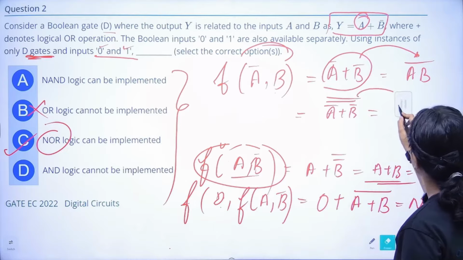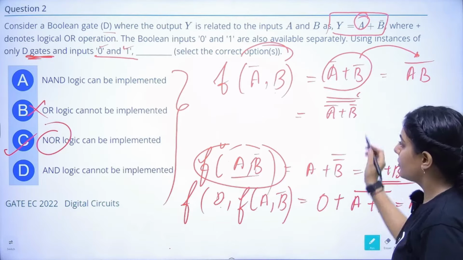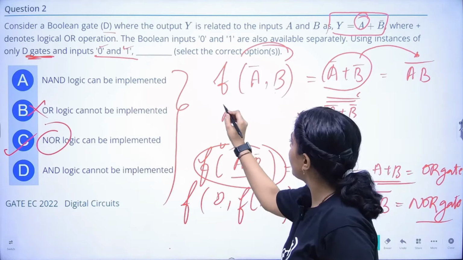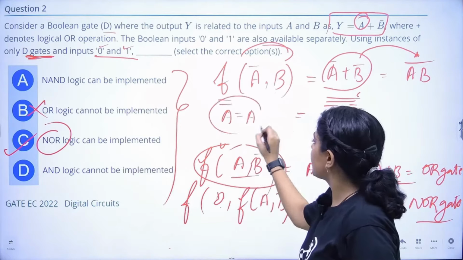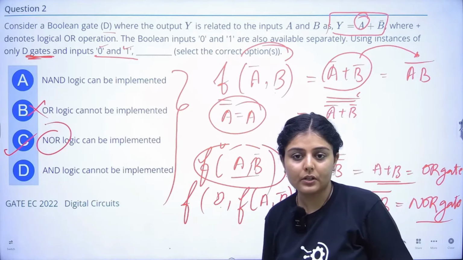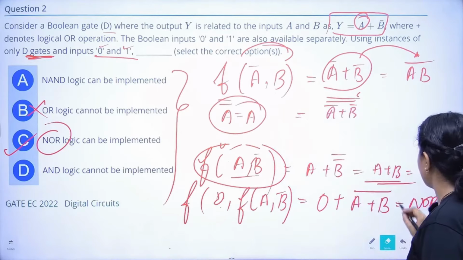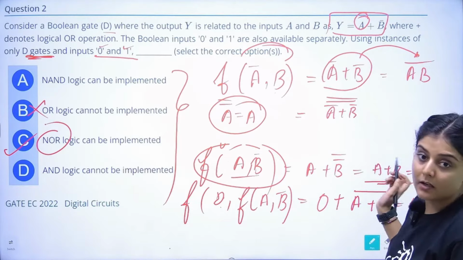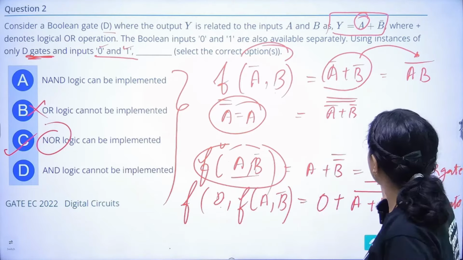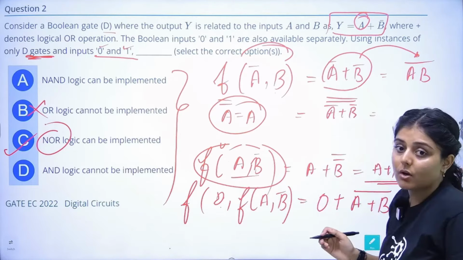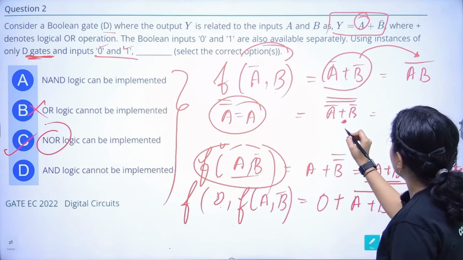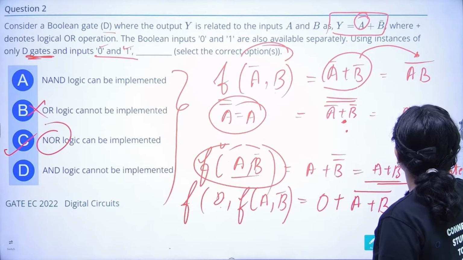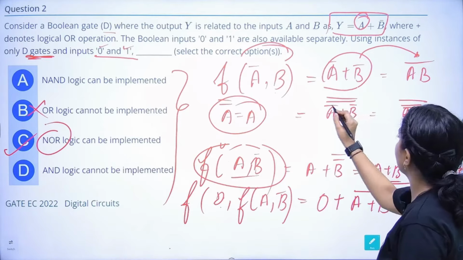Let me rewrite it. So making bar on bar is not going to convert it. Suppose I write a bar bar, so it will be just a only. It will not change the Boolean expression, right? So I'm writing this expression a bar plus b bar and bar bar, right? So from the first bar, if I apply De Morgan's law, this OR will convert into dot, and there will be bar bar bar because of these two bars.